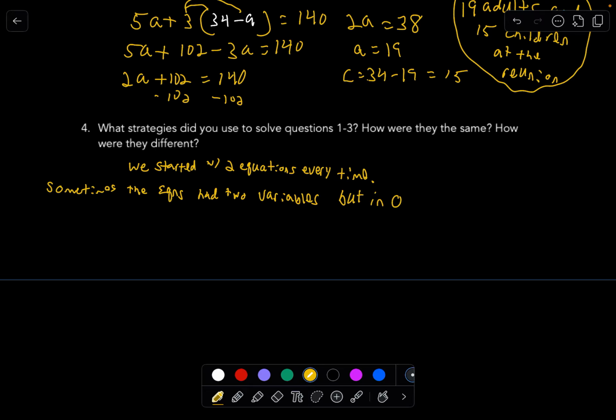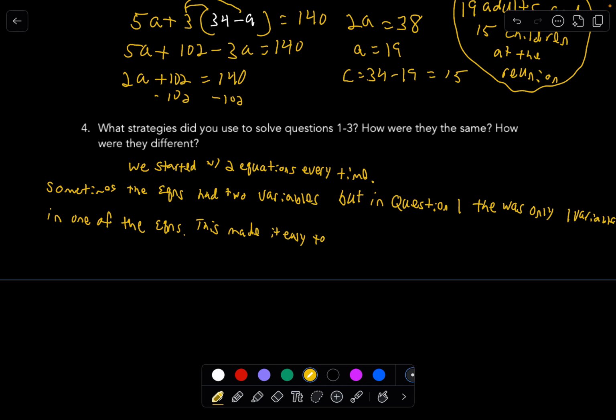But in question 1, there was only 1 variable in one of the equations, which made it easy to solve.